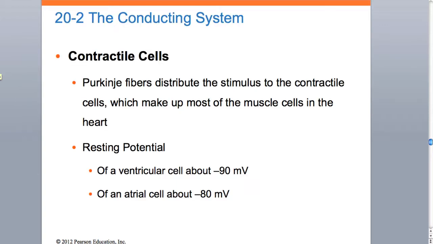If you look at this slide and you see words like resting potential, you know that we're talking about the ion channels, such as the sodium channels, potassium channels, and whatnot. That's exactly what we have here.